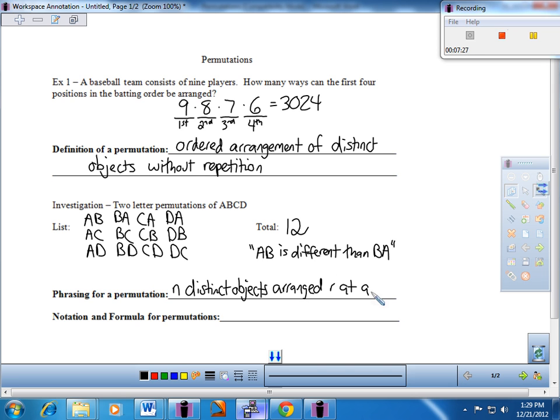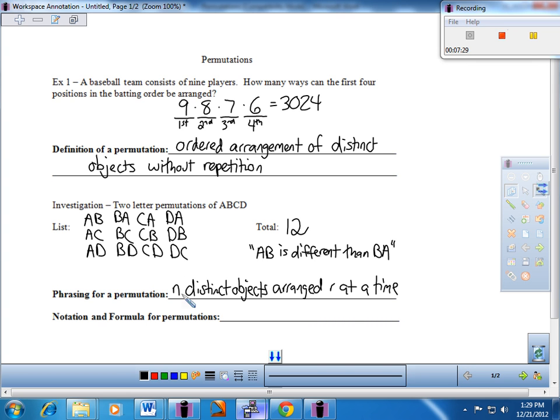So I'm going to write r at a time. The phrasing that I would use: 4 letters arranged 2 at a time. Here, everybody, 9 players arranged 4 at a time. And so that's how we're going to say it.